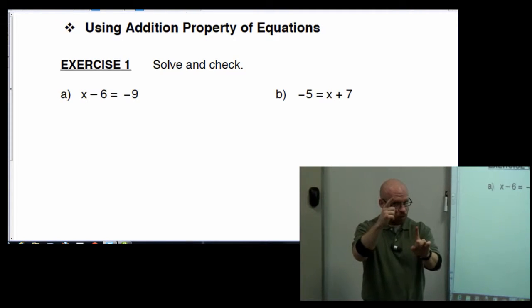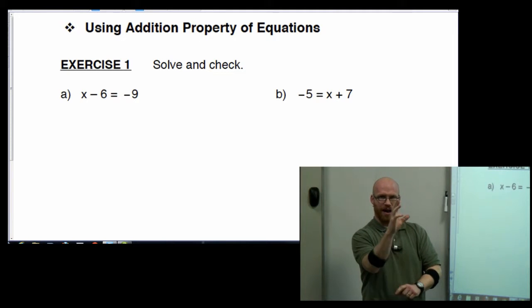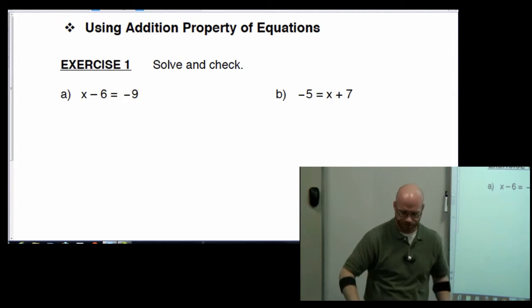The goal is to have x, or the variable, alone on one side of the equation.